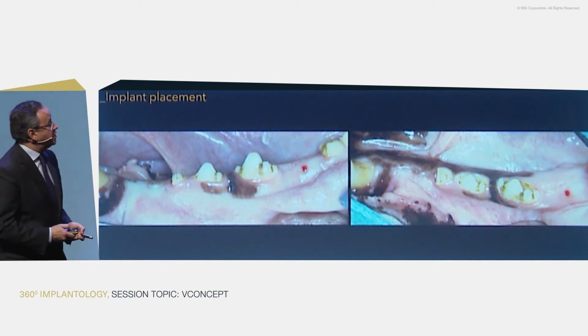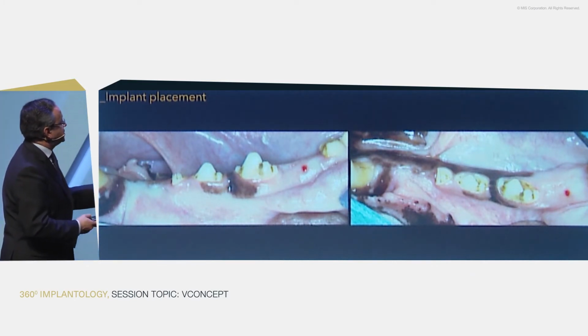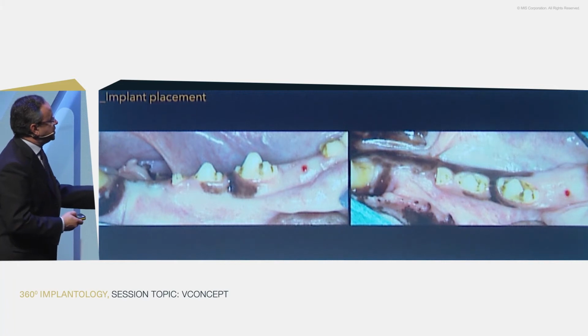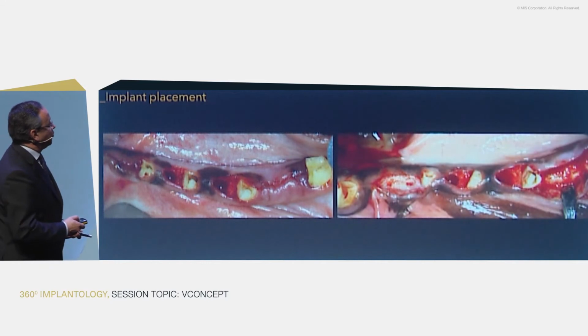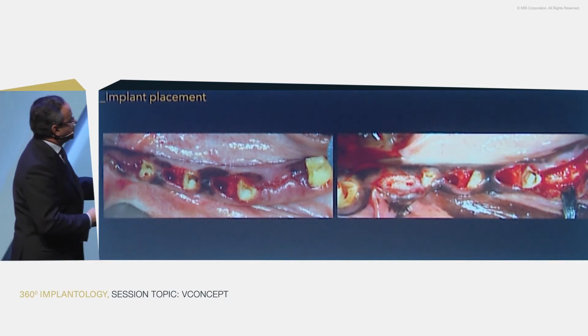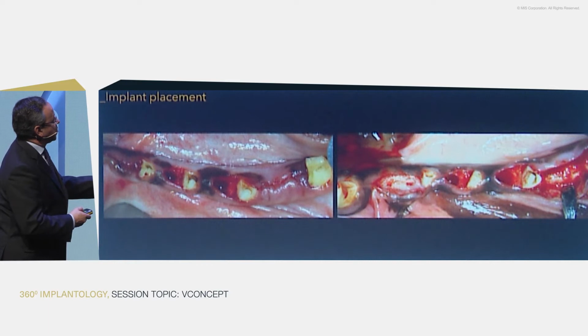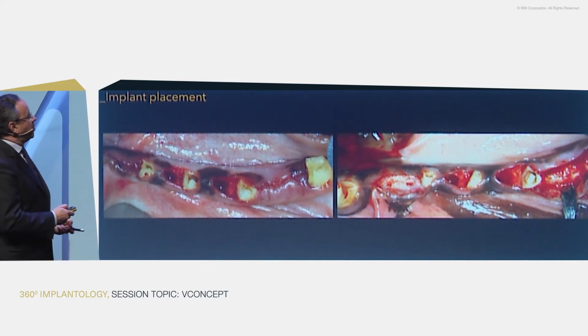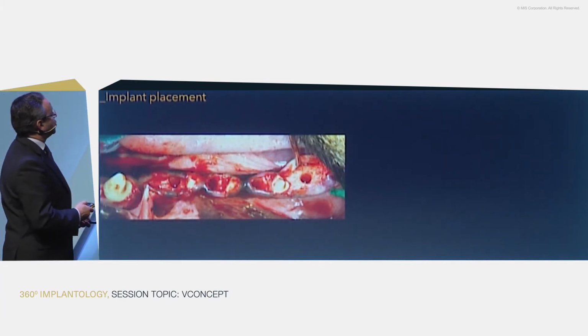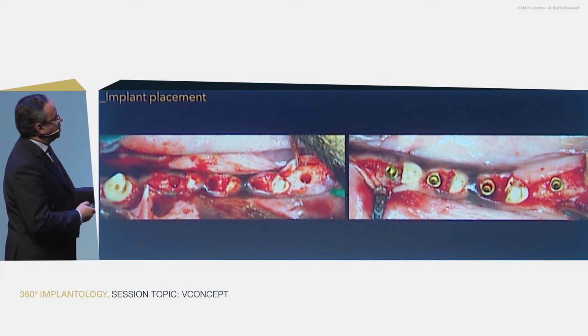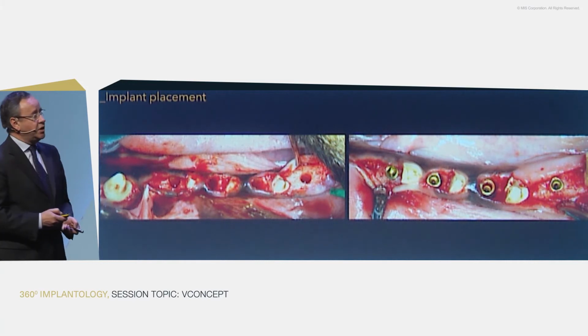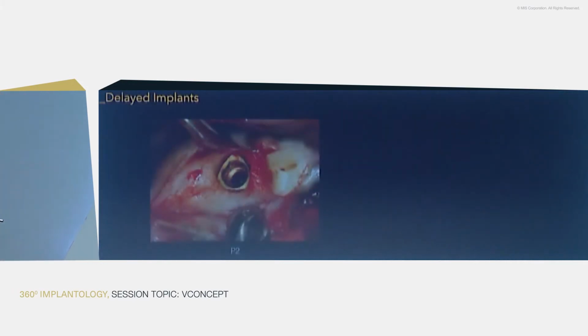So these are the healed ridges. As you can see, this is the mesial healed ridge, this is the distal healed ridge, and this is the time of implant placement. We have just extracted the mesial roots of both P3 and P4, and we are going to use those sockets to place the immediate implants. So you see the implant placed in the healed ridge and the implants placed in the immediate implant sites.